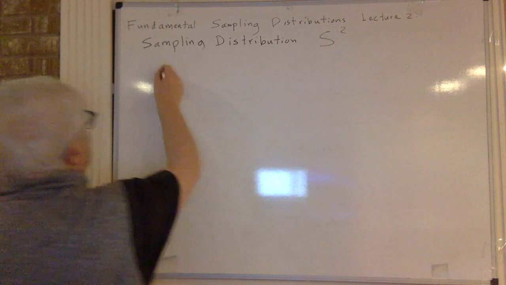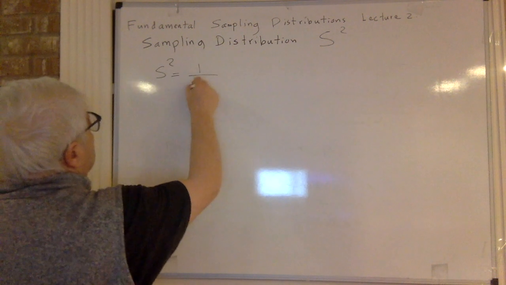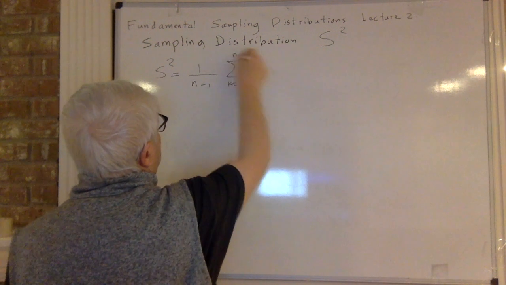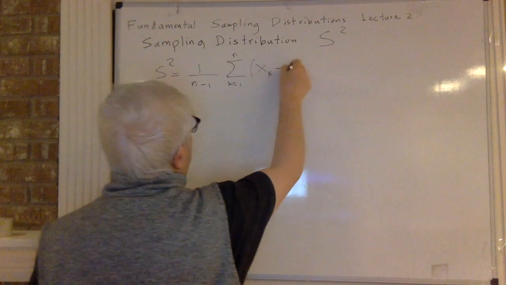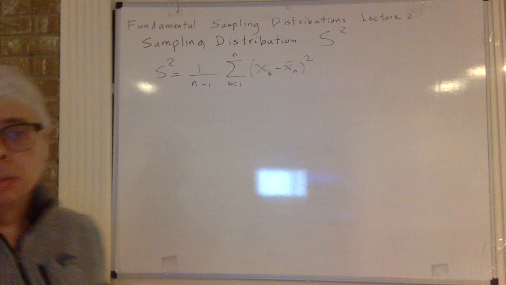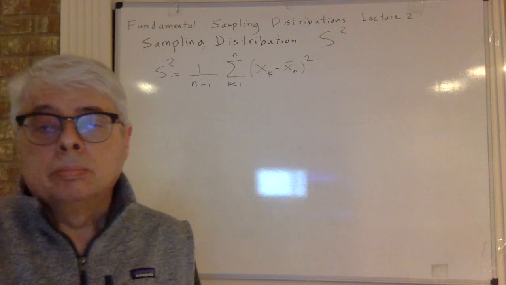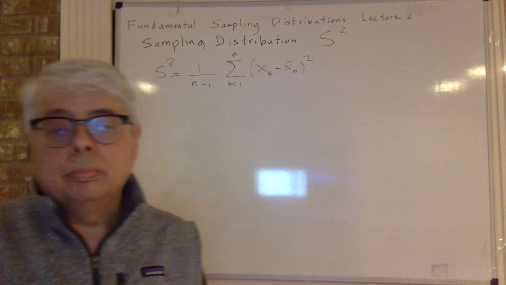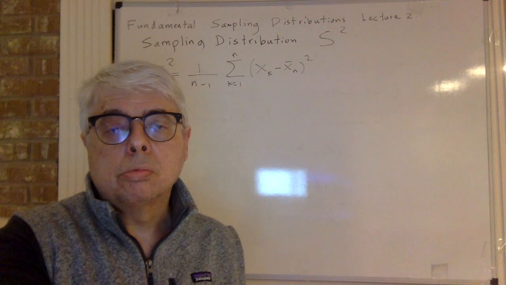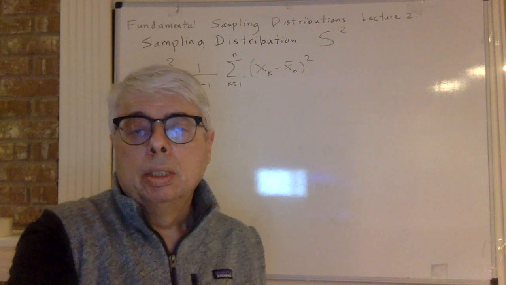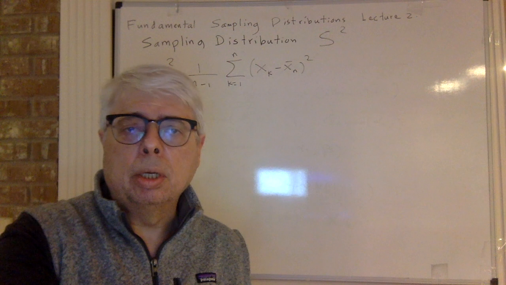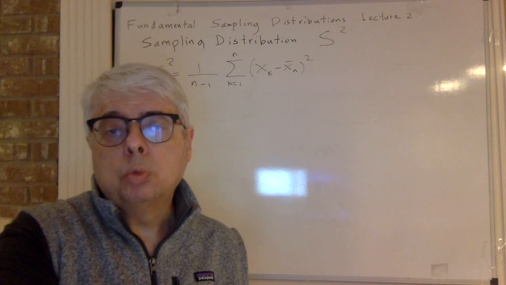So s squared was 1 over n minus 1 times the sum from k equals 1 to n of (xk minus x bar n) squared. Well, let me find that identity that we used. I'm not going to write this down. It takes some time, and I have the proof in the notes for you.